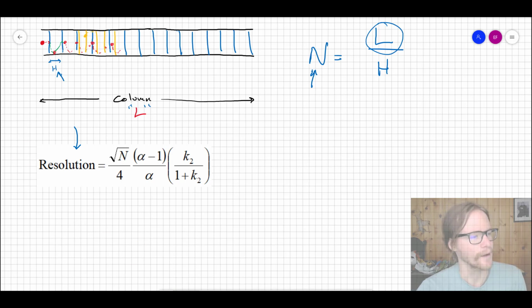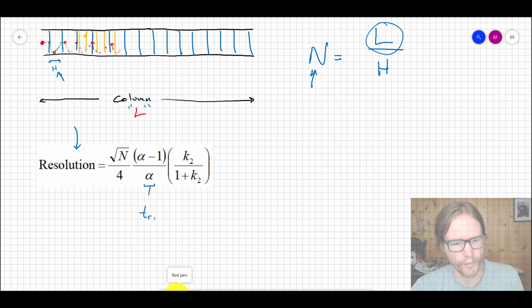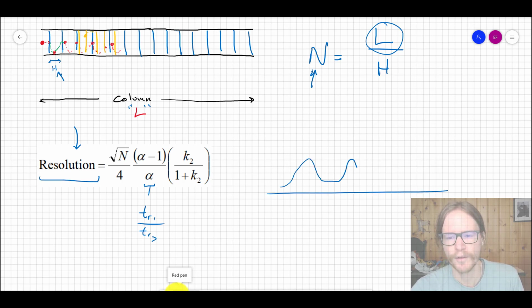So in the equation here, of course, this is all equal to resolution, and big N here is the theoretical number of plates on the column. Alpha here is a ratio, and it's a ratio of the retention times between compound 1 and compound 2, because you're computing resolution. So of course you're thinking about two things here that are coming off your column. That's what alpha is.